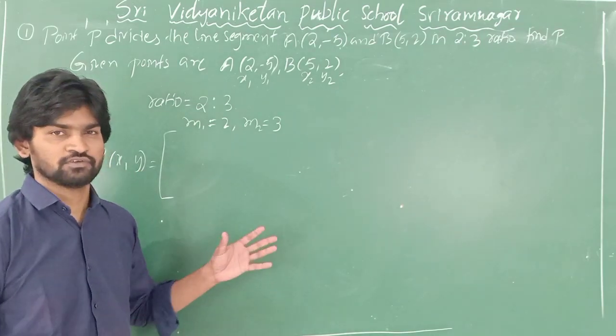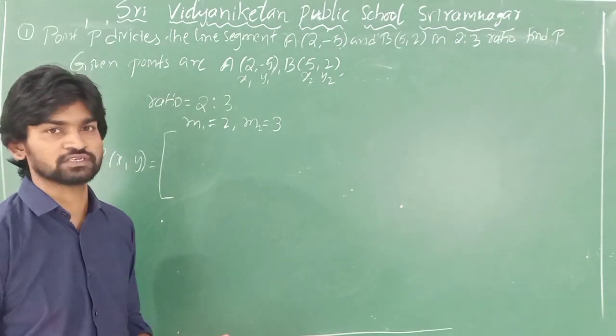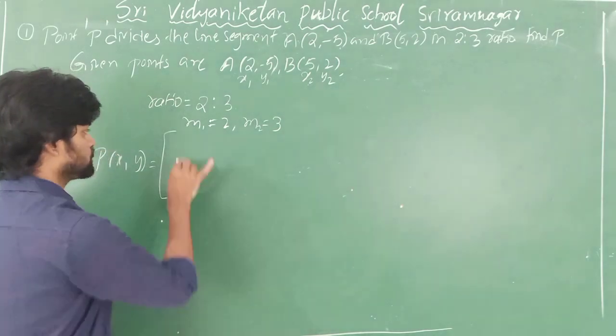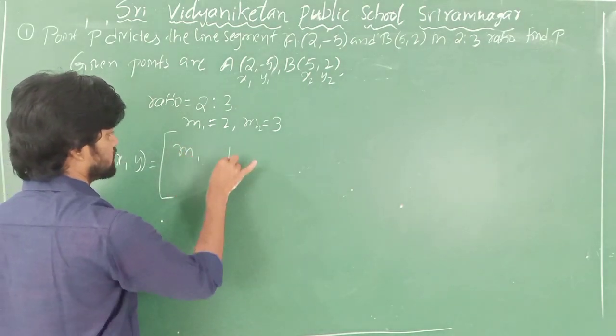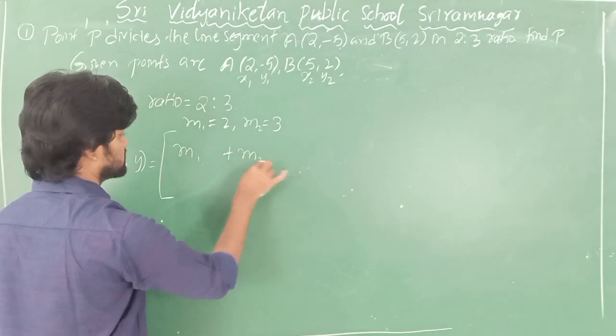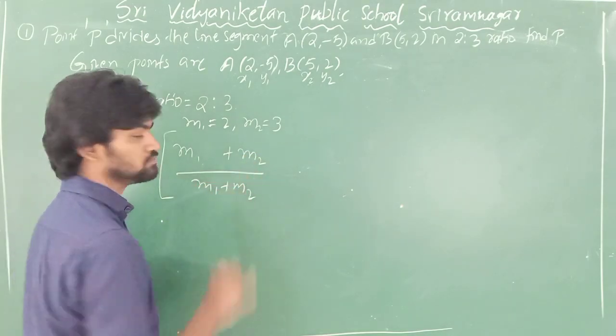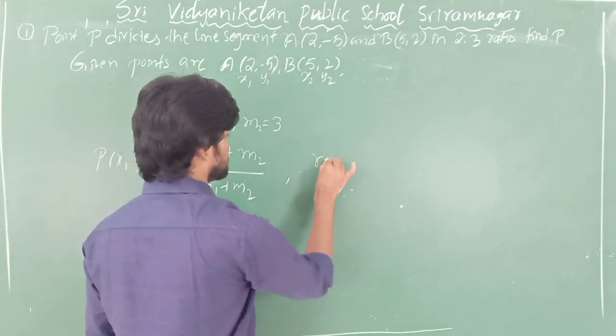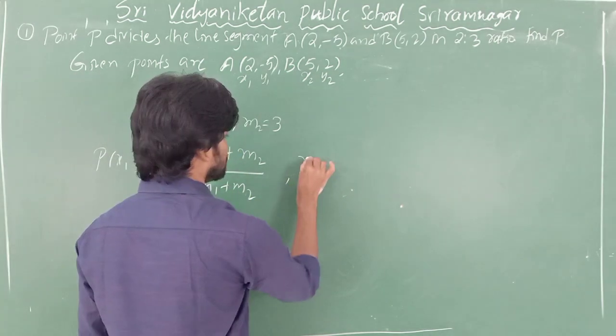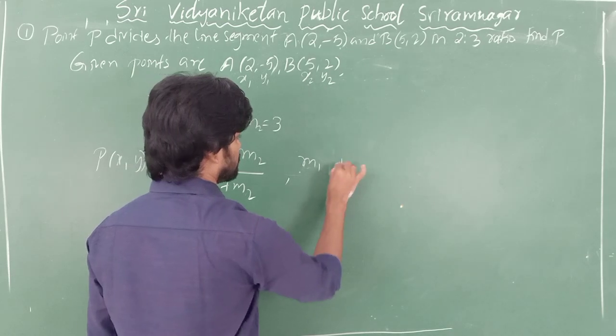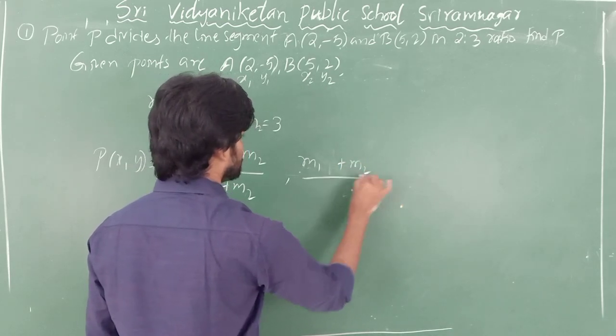Remembering this formula is difficult for a few children, so I will say one easy way to write it. Write M1 plus M2 in the denominators, and here also write M1 plus M2.